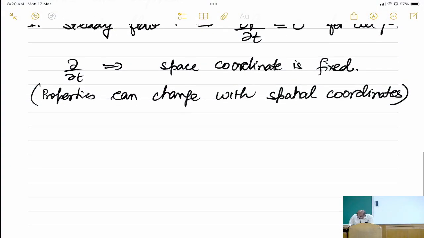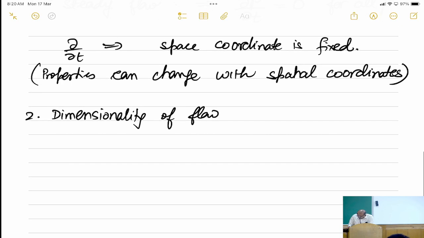And similar to that, we have dimensionality, and the flow could be 1D, 2D or 3D flow.